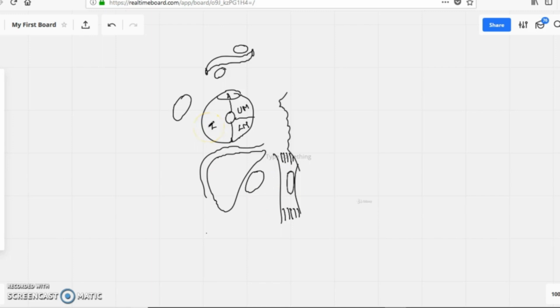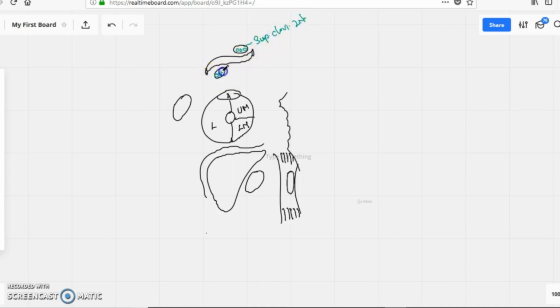So these are the lymph nodes present surrounding the mammary gland, and these are going to be responsible for the lymphatic drainage. The lymph nodes just above the clavicle, we will call supraclavicular lymph nodes. Supraclavicular lymph nodes are seen just above the clavicle.